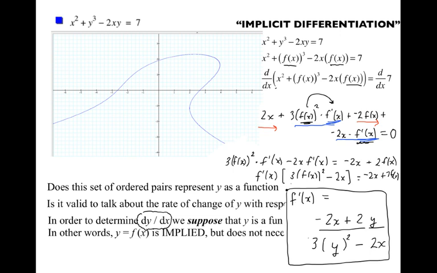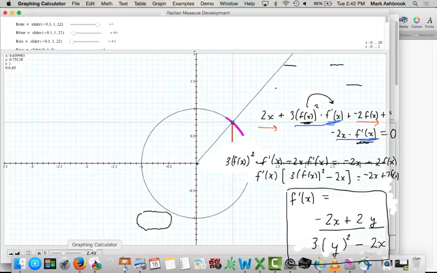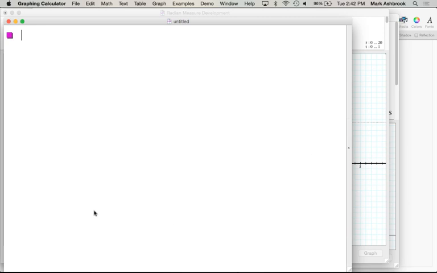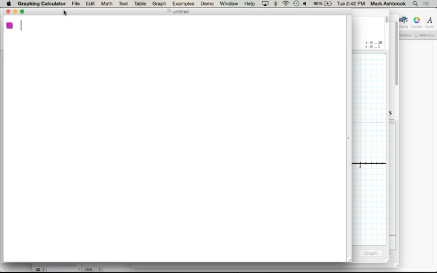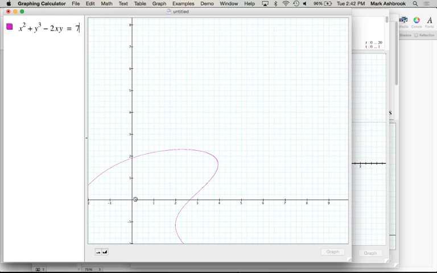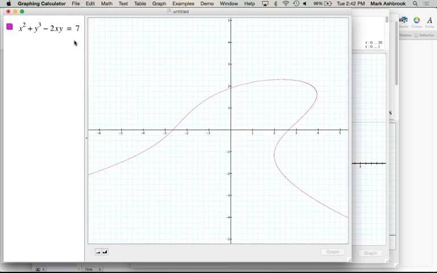Okay, any questions on that? So let's take a look at this. So what was the equation? Okay, and then we got our rate function was? So I'll call it D of x.